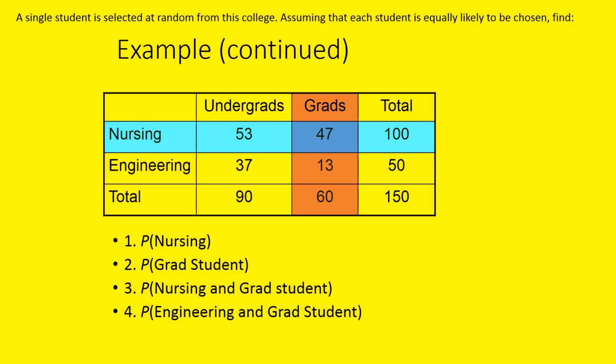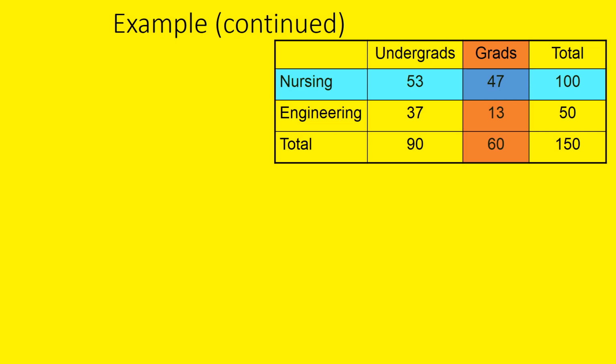Okay, so here's a chart showing the different populations. These might be in hundreds or in thousands, or maybe they're just 150 people at the college. So with this info, what is the probability of nursing? Well, all the nursing people are in the top row. There are 100 total.